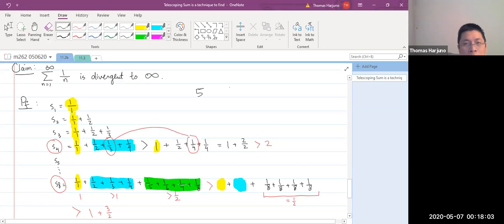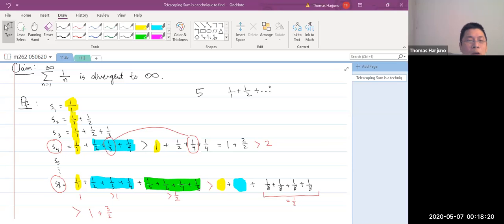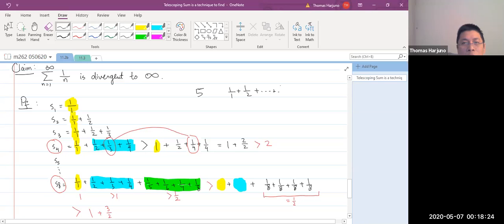Then you will add 1 over 1, 1 over 2, and so on. So you need to add up to 1 over 2 to the 9th terms. Then this sum here will be greater than 5.